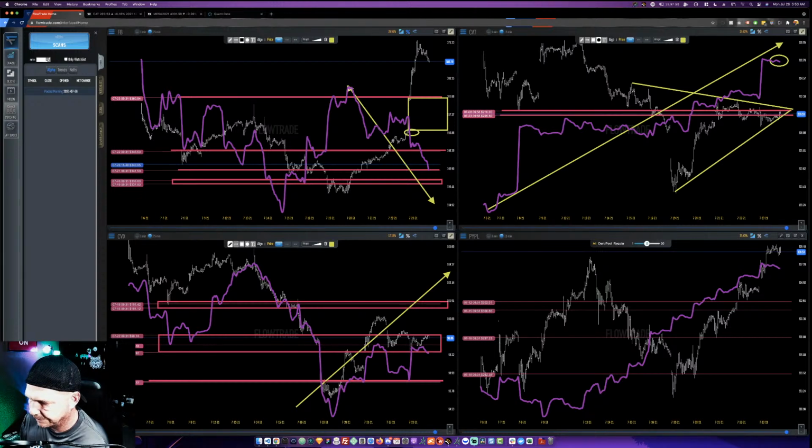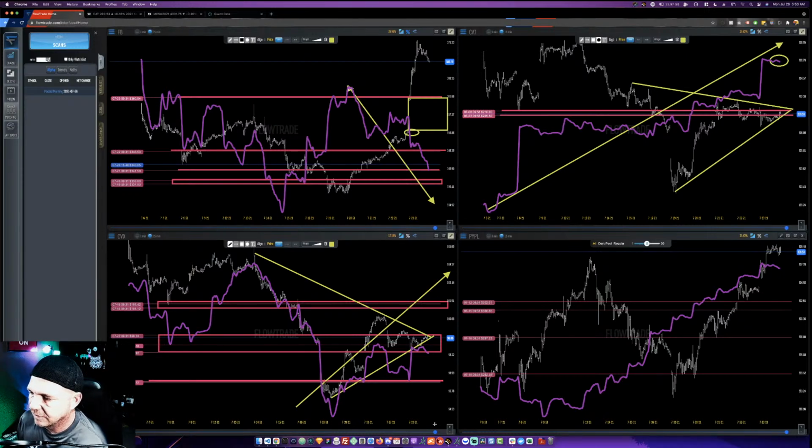We've got, it seems like this pattern is pretty reoccurring lately, where we got a little bit of a wedge pattern.